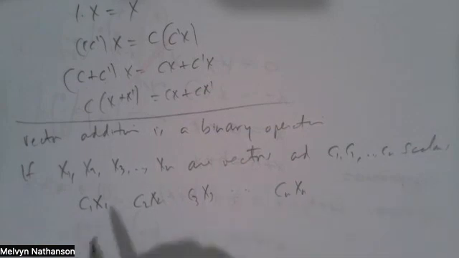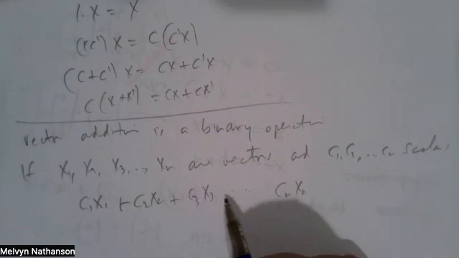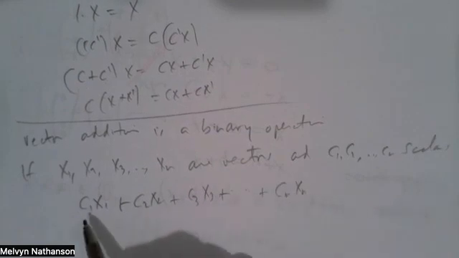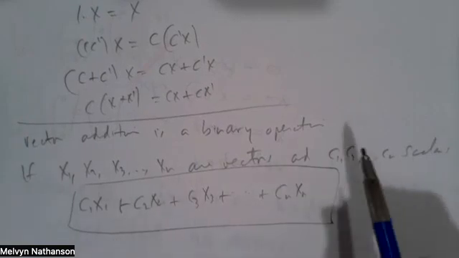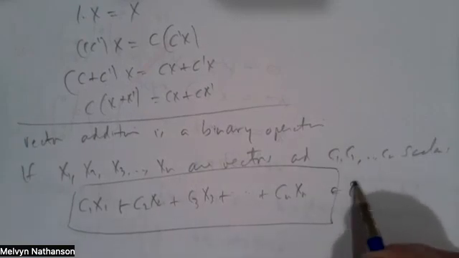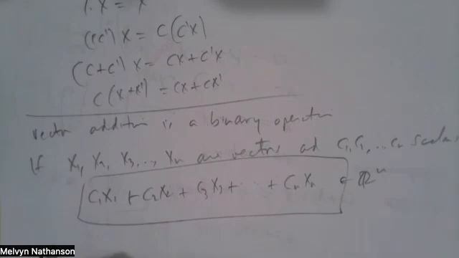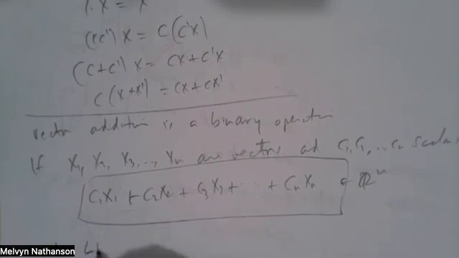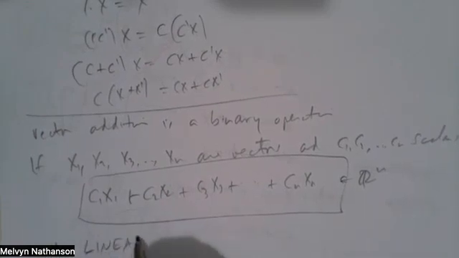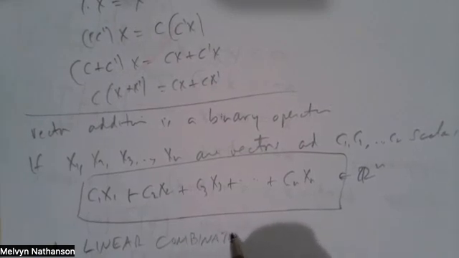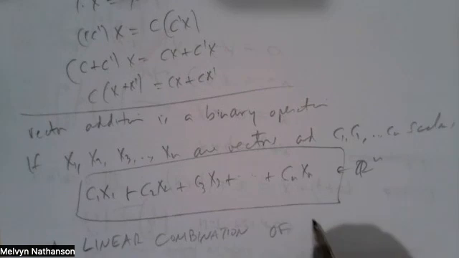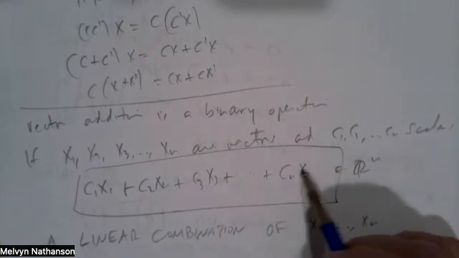So now I have n vectors, and I can add these. So I have this new vector. Everything's in Rn. And this is called a linear combination of the vectors x1 up to xn. Actually, this n is different.